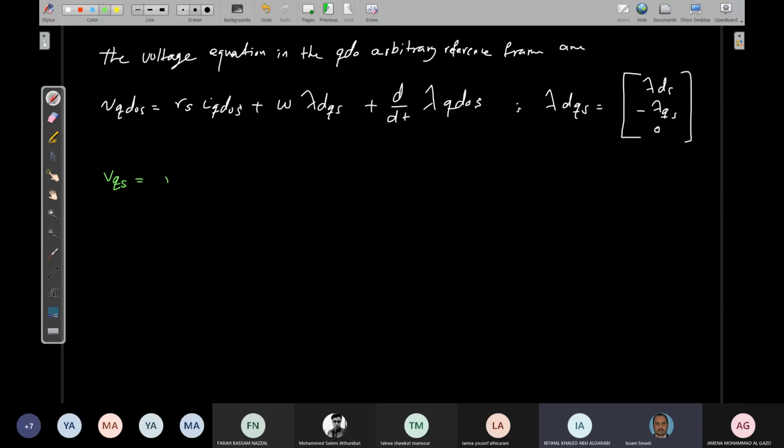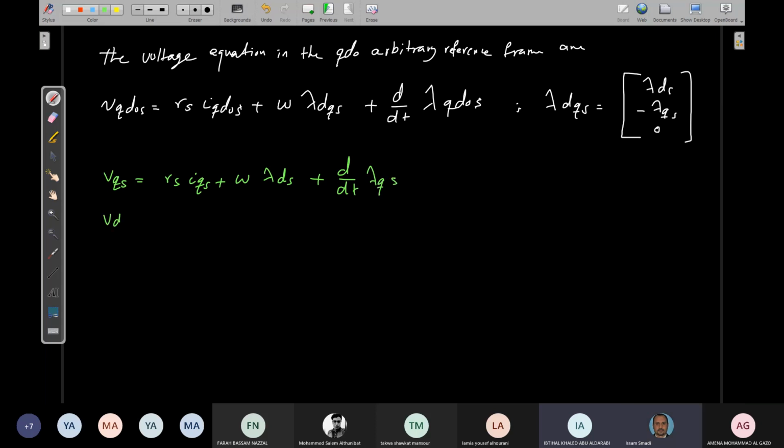R_S I_QS plus omega multiplied by lambda_DS. Then plus the derivative of lambda_QS.